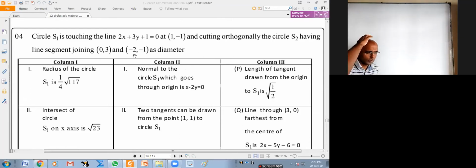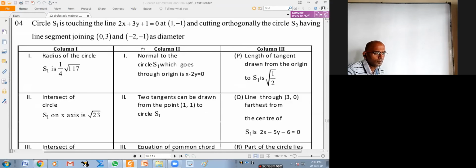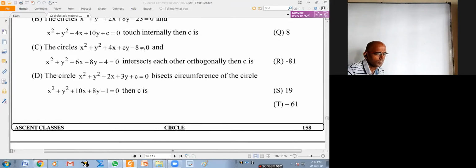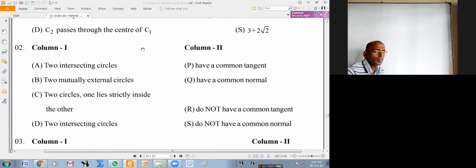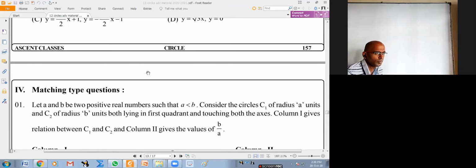Anybody any doubt in that? Matching 2. Not passages, sorry, matching 2 or 4. Anybody need doubt? No doubt.